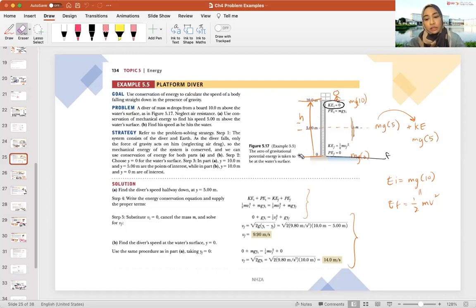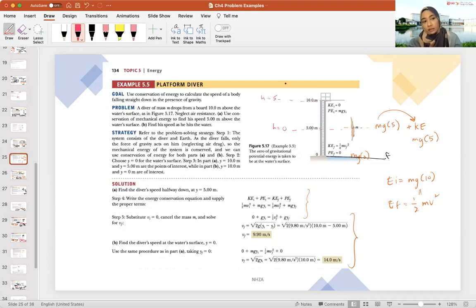If your reference point is the ground, the next time you do this example again and you want to know the potential energy over here, you need to have the same reference point. Kalau korang tukar reference point, let's say you wanted your reference point to be this, this is h equals 0, therefore this would be h equals 5.